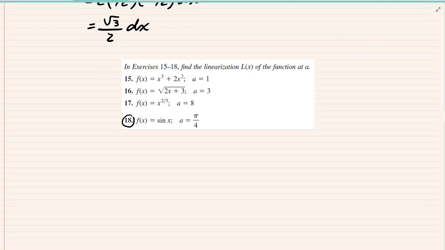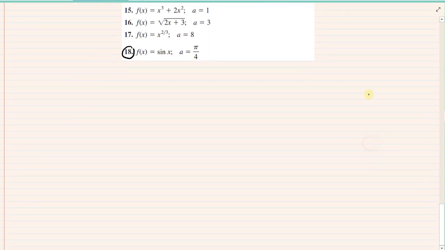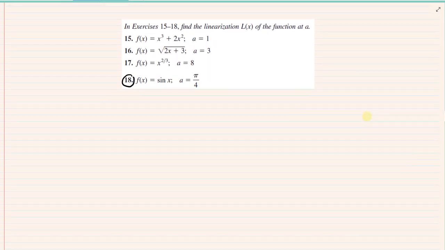Okay, let's take a look at now exercise number 18. In exercise number 18, the question asks us for the linearization L of x. Remember, that means we actually want to find the equation of the tangent line at a point, which will be used to approximate the value of the function.